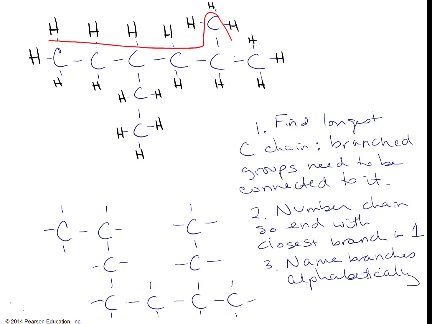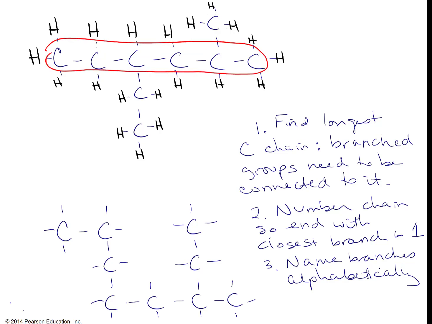If you went this way, that's 6. That'd be okay too, because it wouldn't matter either you have that carbon sticking up or the carbon straight at the end. I always try to opt for the simplest one, but do make sure that you double check. So if it's 6, then that means that this is a hexane. So the longest carbon chain becomes the last part of the name.